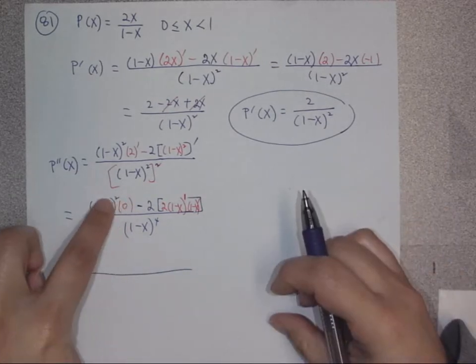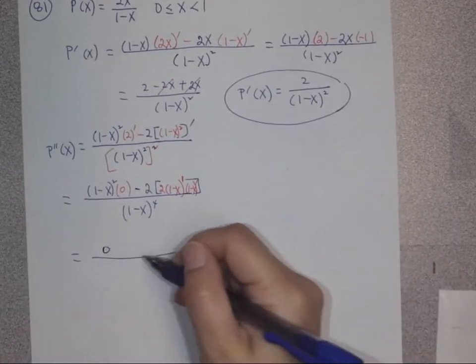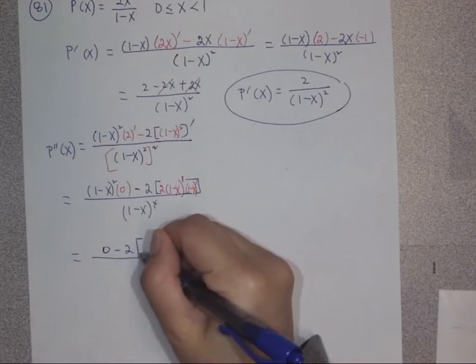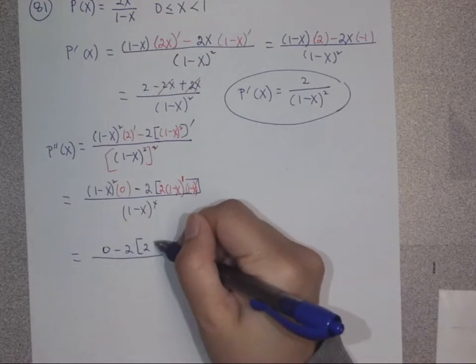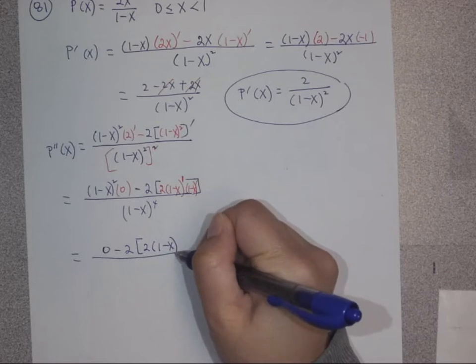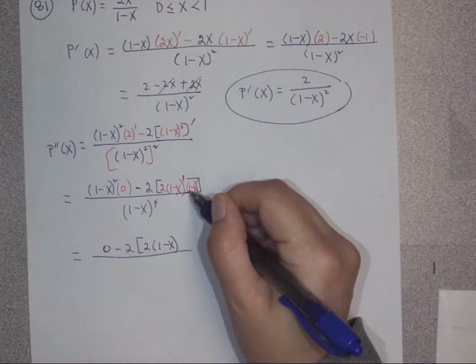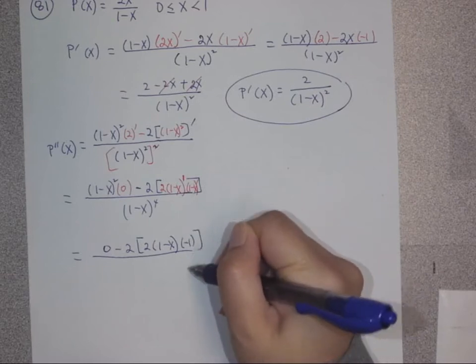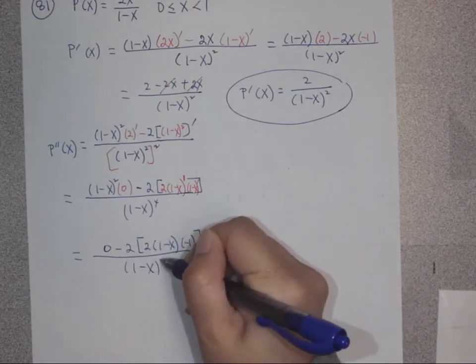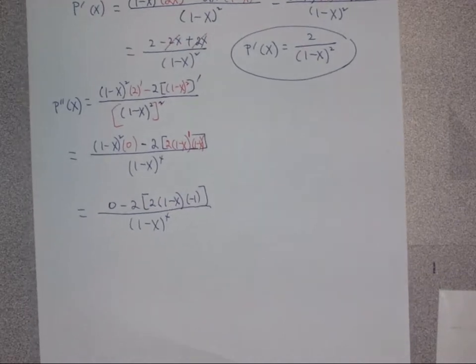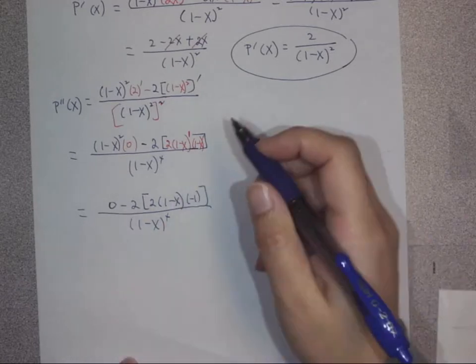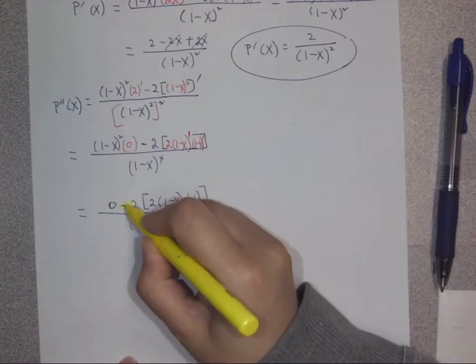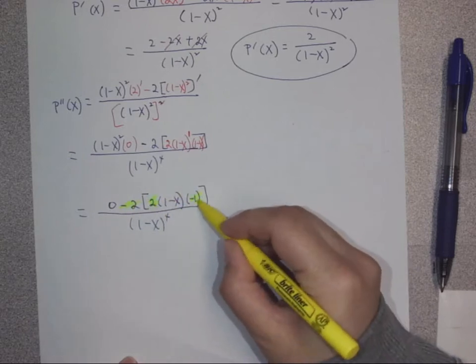So this whole thing is 0, right? 0 minus 2 times, in here, 2 times 1 minus x to the first power, times the derivative, which is negative 1. And then 1 minus x to the 4th power on the bottom. Let me clean that up a little bit more. So this is basically negative 2 times 2 times a negative 1.